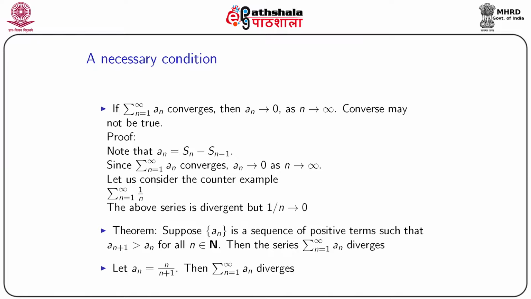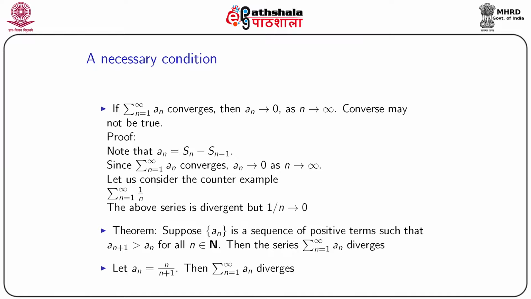The proof is not very difficult. We know an can be written as Sn minus Sn minus 1. Take n equals 2. How do we get a2? I can write a2 as s2 minus s1, because s2 is a1 plus a2 and s1 is a1. So s2 minus s1 is a1 plus a2 minus a1; a1 gets cancelled and we are left with a2.